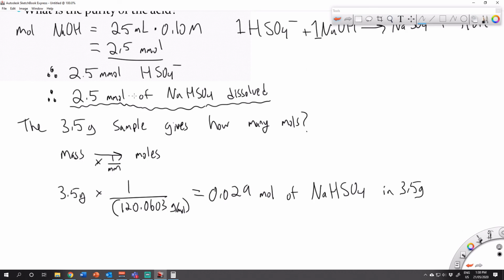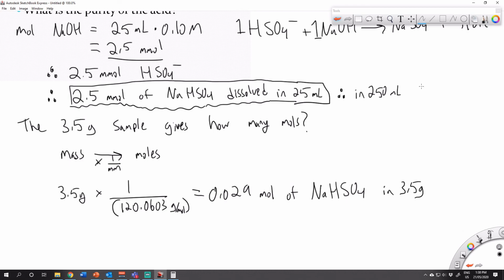Now, going back to our 2.5 millimoles of NaHSO4 that dissolved, I should have said earlier that this is dissolved in 25 milliliters. So in 250 milliliters, we can expect 10 times that, so 25 millimoles present.